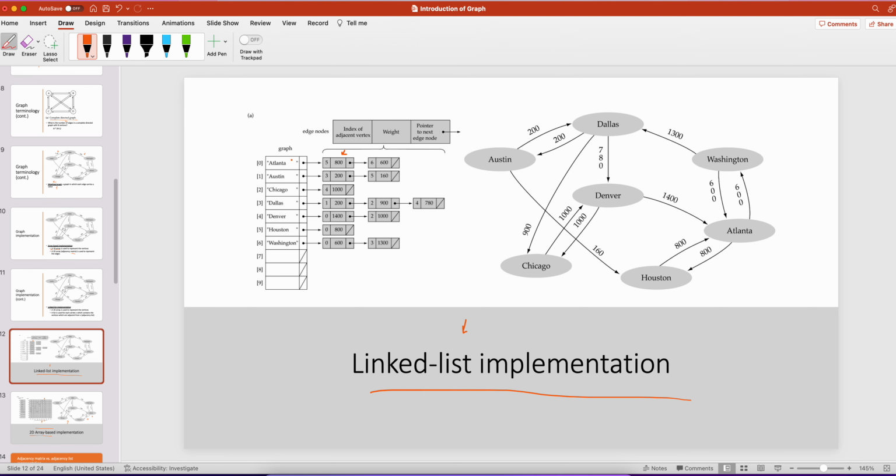This is Atlanta. It links with 5. 5 is Houston, and it's 800. So 800, and it points to the next edge node. The next one is 6. 6 is Washington, and it's 600. So this is how to use a one-dimension array to represent it.